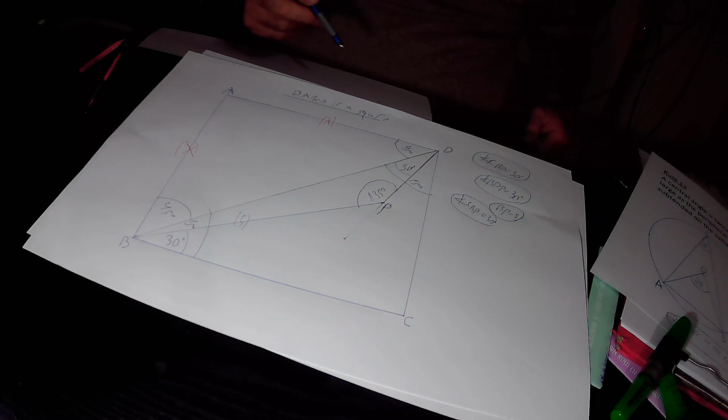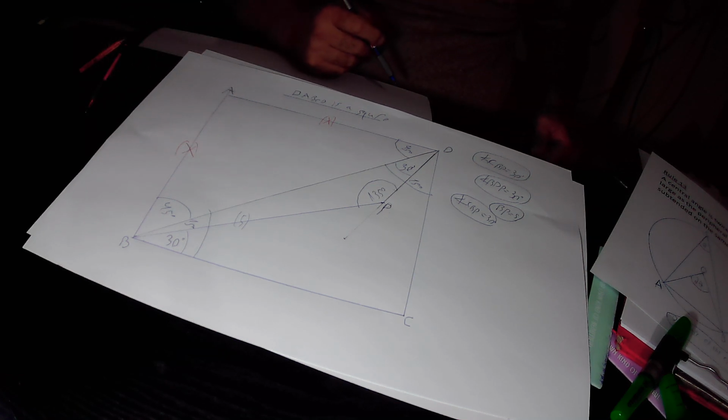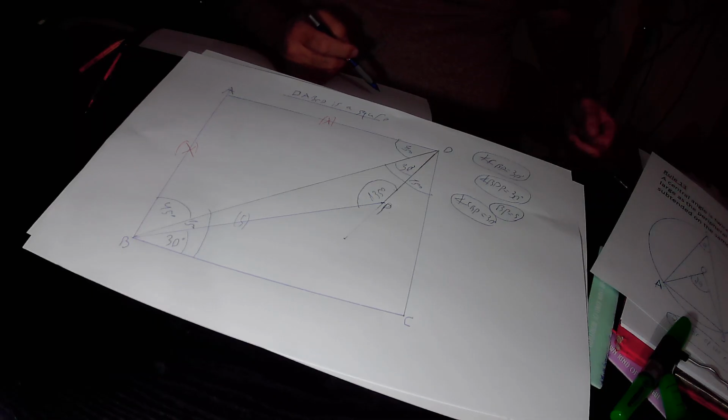In the next step, we define one side of square ABCD as x. So AD equals x, AB equals x, and the other sides must also be equal to x units in length.